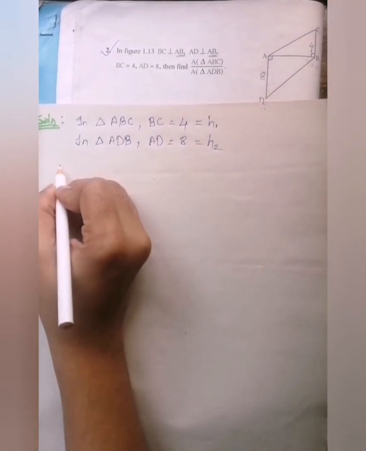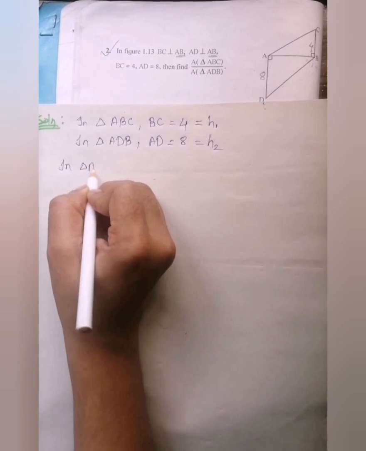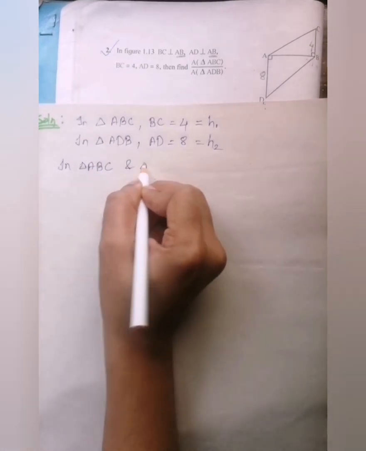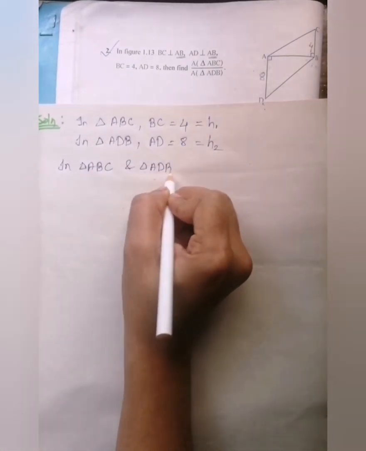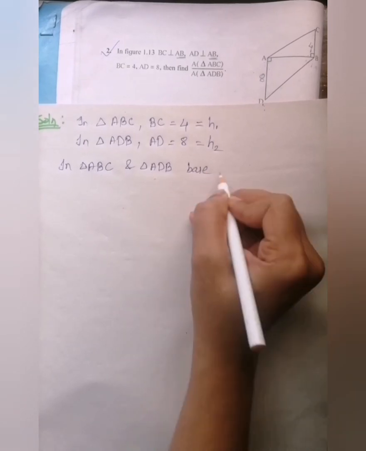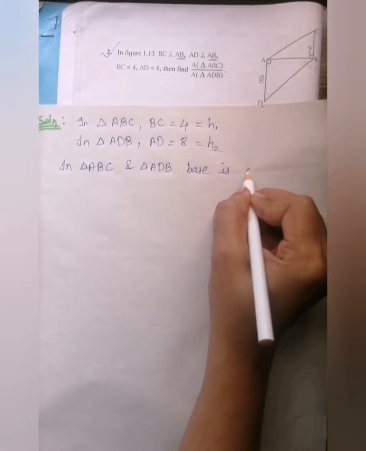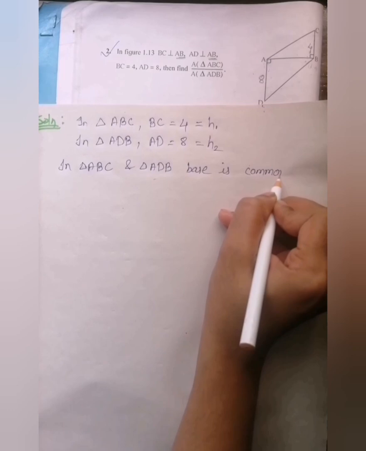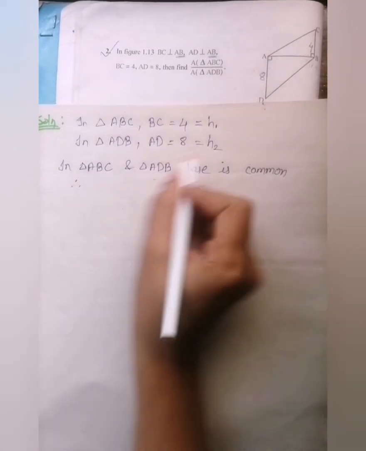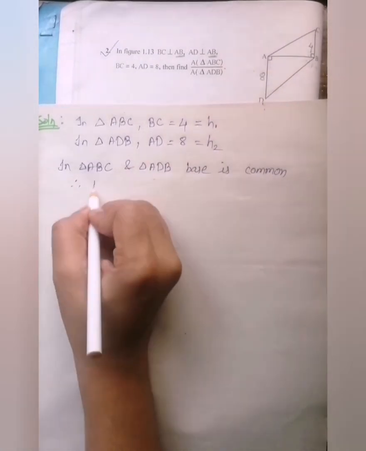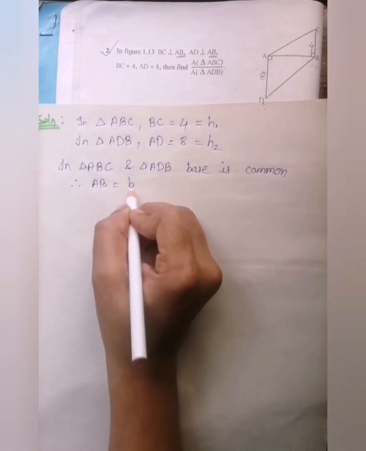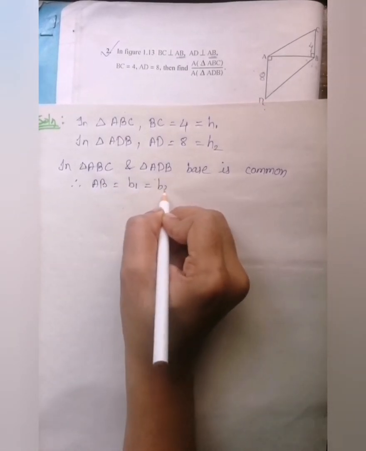So we write down that in triangle ABC and triangle ADB, the base is the same, or common. Therefore AB equals B1 equals B2.